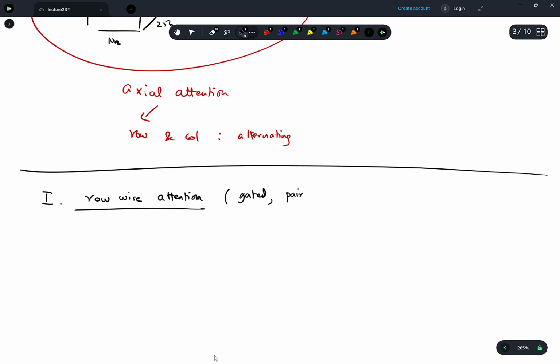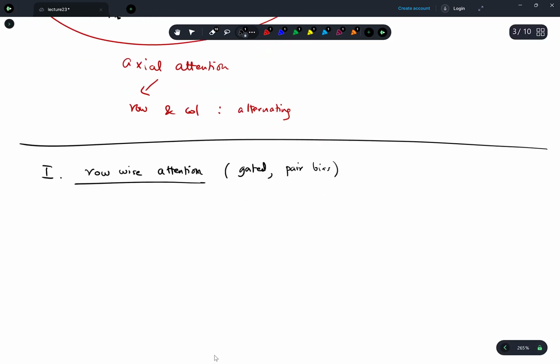Pair bias simply means that the pair representation will introduce a bias term into our equation, which will become obvious once we have the equation written out. Gated means that we'll have something like an LSTM-type gate. It's much simpler, just a sigmoid gate, which controls how much information we read in and out. If it's useful, we use it; if not, we don't.